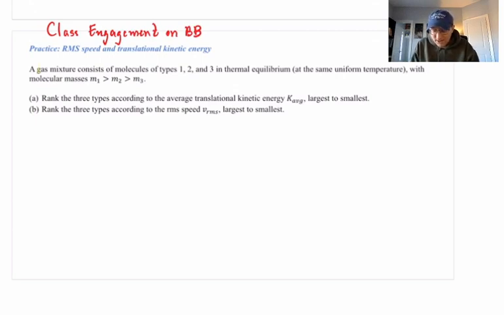We have a gas that is actually a mixture consisting of 3 types of molecules, type 1, type 2, and type 3. Okay? In thermal equilibrium at the same uniform temperature. They all are at the same temperature. And the masses of the individual molecules in the 3 types are arranged this way. The molecules of type 1 have the biggest mass, followed by the molecules of type 2, they have the next biggest mass, and the molecules of type 3 have the smallest mass.